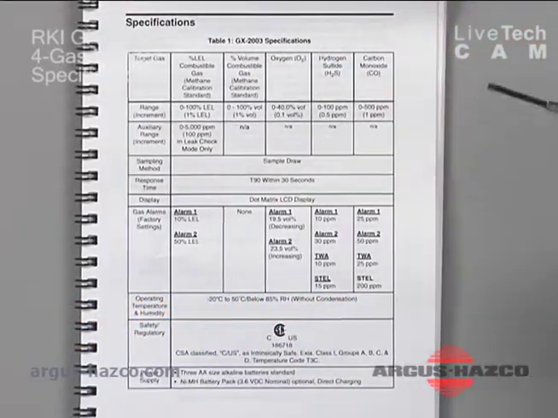Next, I'll be discussing briefly some of the specifications of the instrument, the GX 2003. If you look at page 9 of the manual, which accompanies the instrument, it allows you to look at a glimpse what the alarm settings are for each and every sensor that's in the instrument.